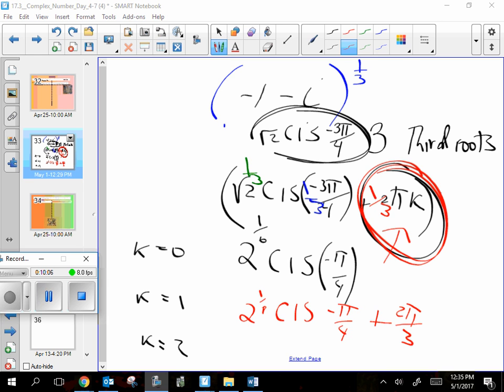But wait, why can't I put them together? Because they don't have a common denominator. So that's like you were saying, maybe we should have left this as 12ths. And then I'd have negative 6 twelfths and positive 8 twelfths.